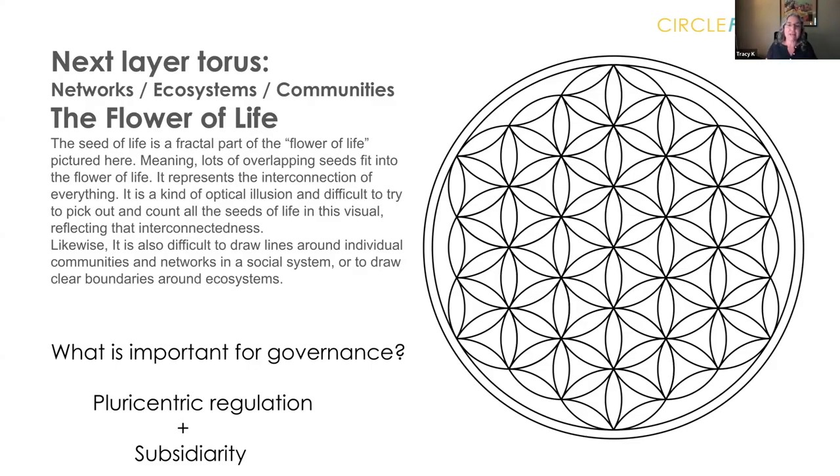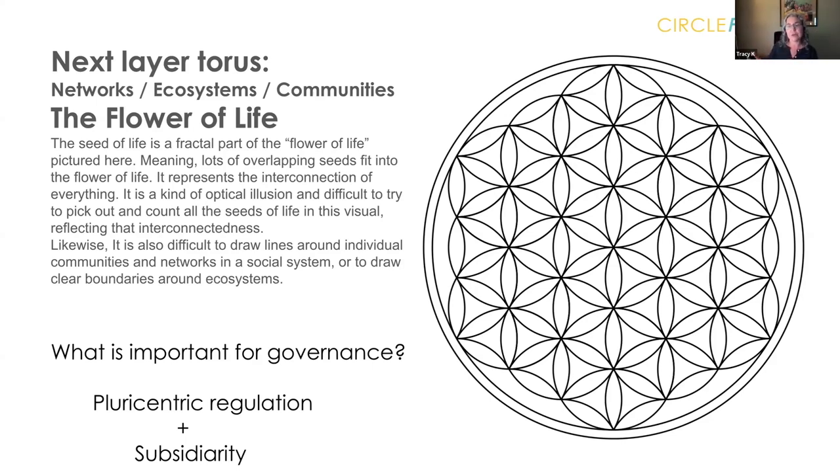But it's also like how difficult it is to draw lines around individual communities or individual networks in a social system, or to draw clear boundaries around an ecosystem. It has this same quality. There's so much interconnectedness that the reductionist way of drawing lines around things is difficult.